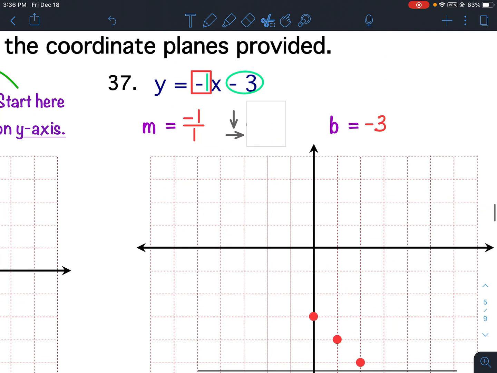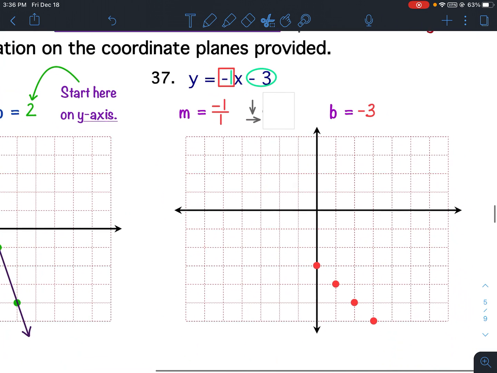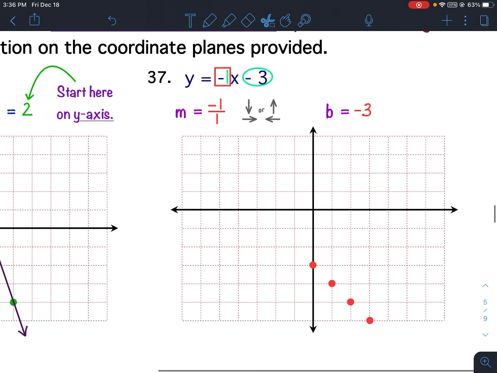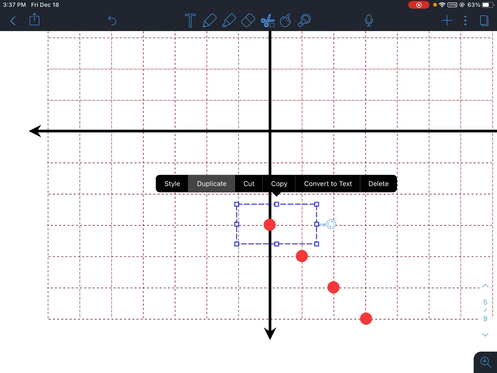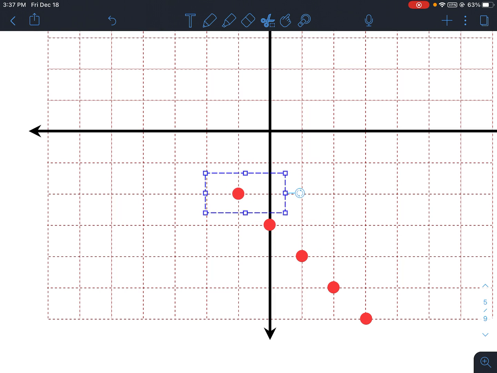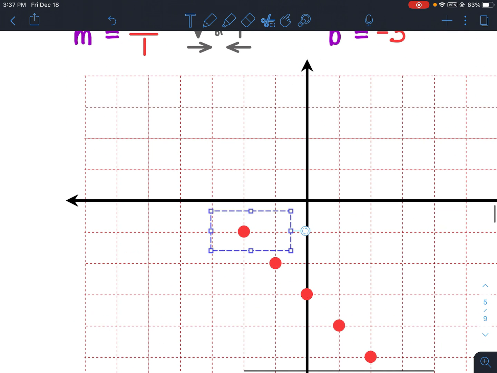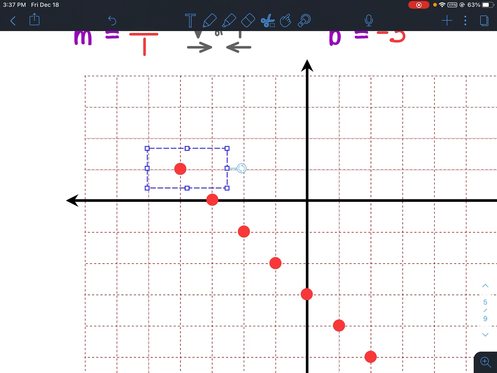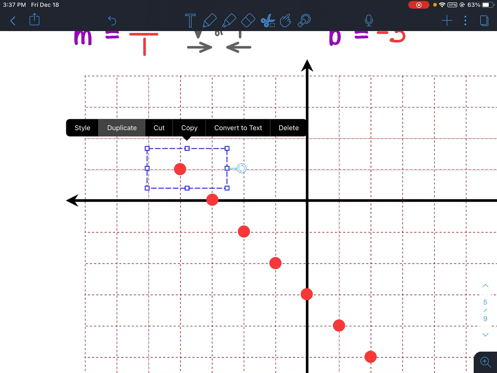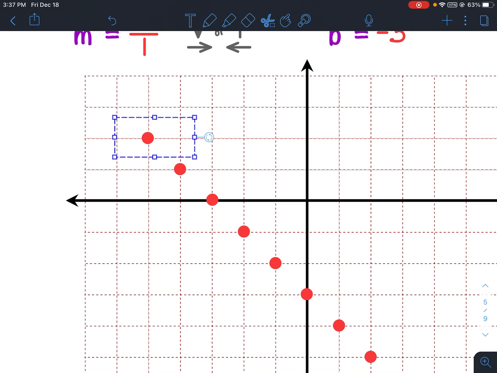Now that I've gone down and to the right as far as I can go, I go the opposite direction, which is up and to the left. Up 1 to the left 1. Up 1 to the left 1. I hope by now you get the pattern. And you just keep doing it, as many points as you can.